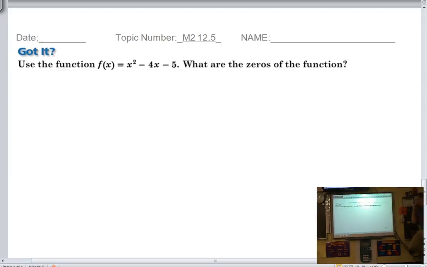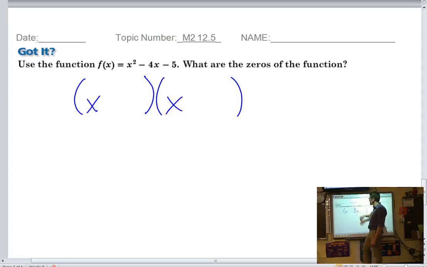Factoring this is your first step to find your zeros. We have no coefficient on the x, so that's nice. We start with our x and x. I have a negative constant, so that tells me what about the arithmetic inside the binomials? The big thing is negative, and the smaller number.